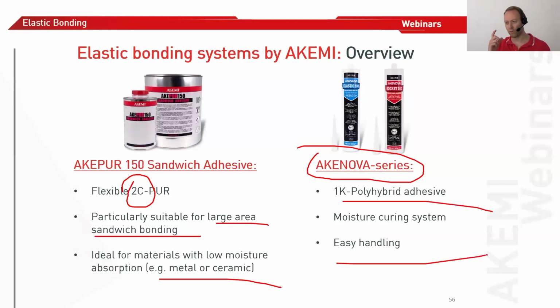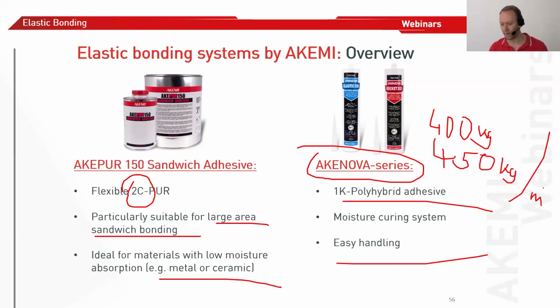Easy handling, one component, super high tech, from 400 kg per square meter initial tack from the elastic, and even 450 kg per square meter with the Rocket. Strong bonding, with final bonding strength from 4 Newton and 6.5 Newton for the Rocket. A lot of different application fields are possible, interior and exterior.